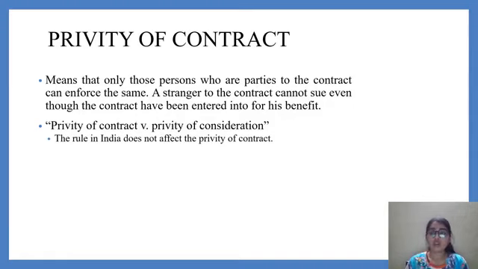So under Indian law, a consideration can be given by a promisee or by any other person. This is the privity of consideration, and the person who has given such consideration can also enforce the contract, even if he is not a party to the contract. This is the simple understanding of the privity of consideration.